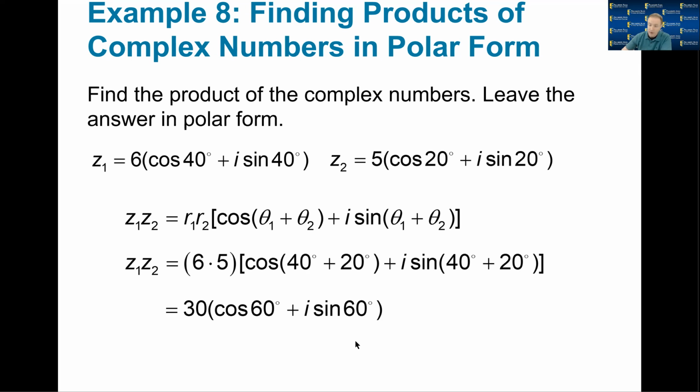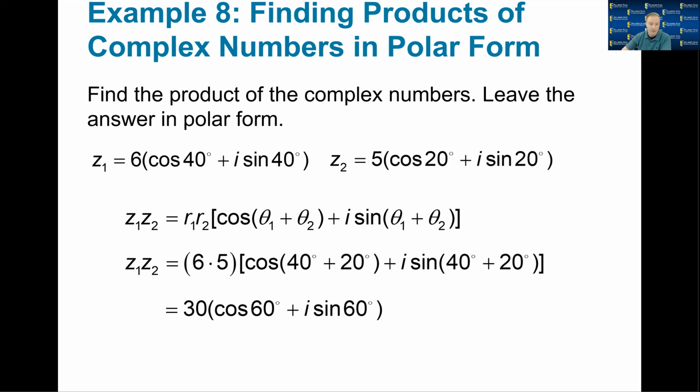Now, what if they said we want the answer back in rectangular form? If they want it in rectangular form, you would just say, well, distribute this 30 through there, and your real number component would be 30 times the cosine of 60. That would be 30 times 1/2.